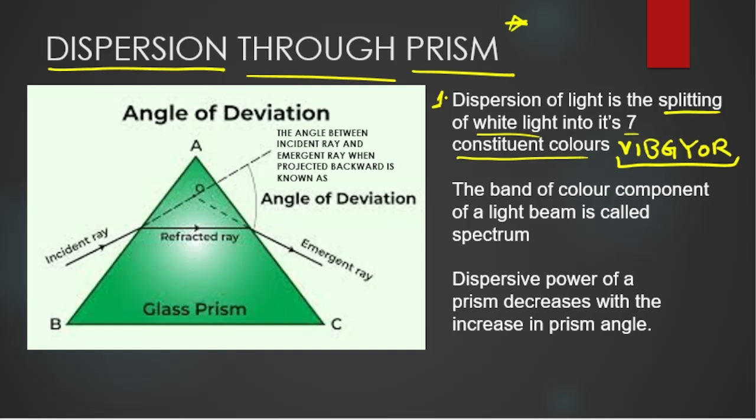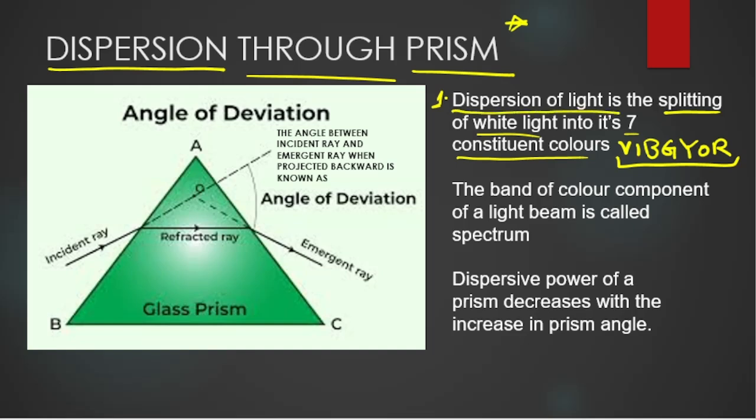The process of separation of white light into the 7 constituent colors of which white light is made, the VIBGYOR, that process is known as dispersion of light. Okay.